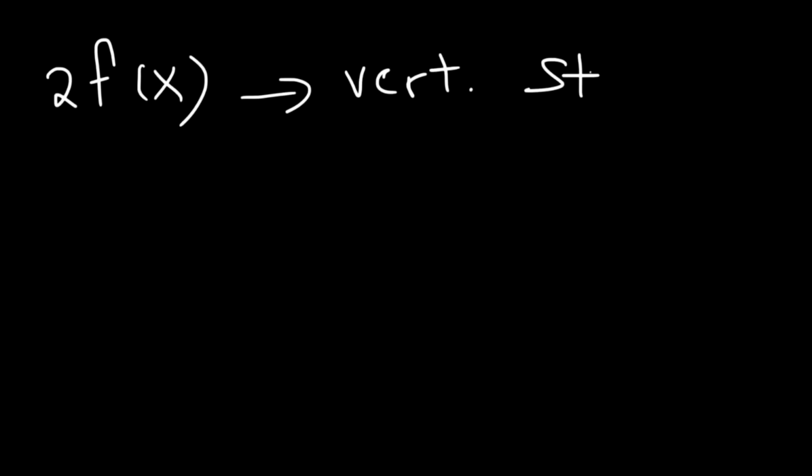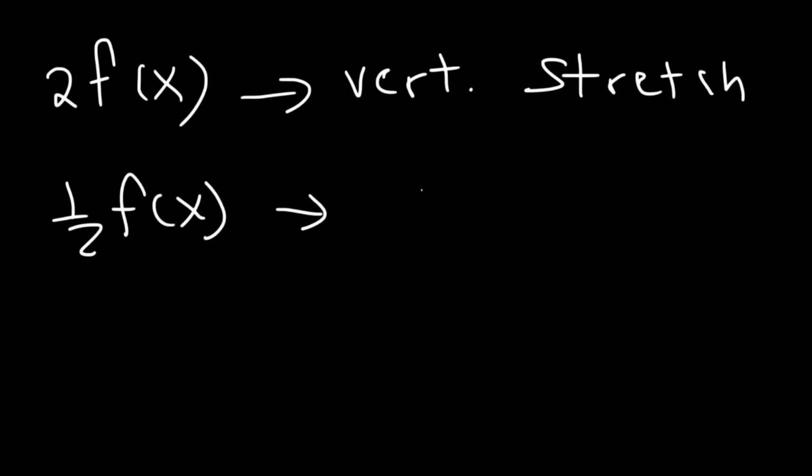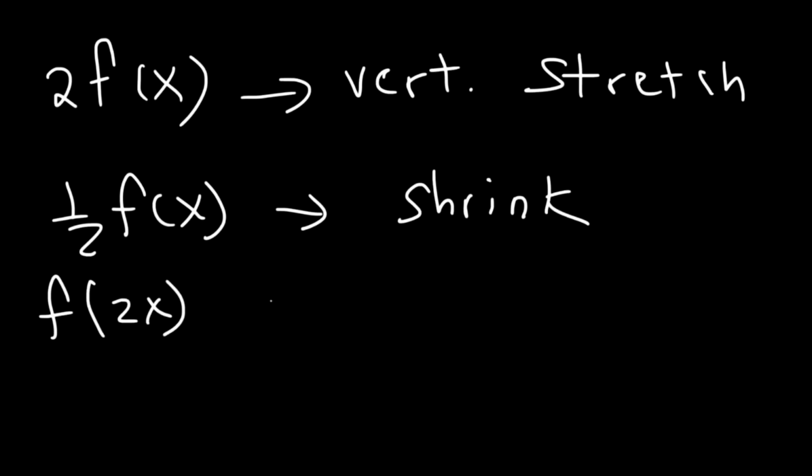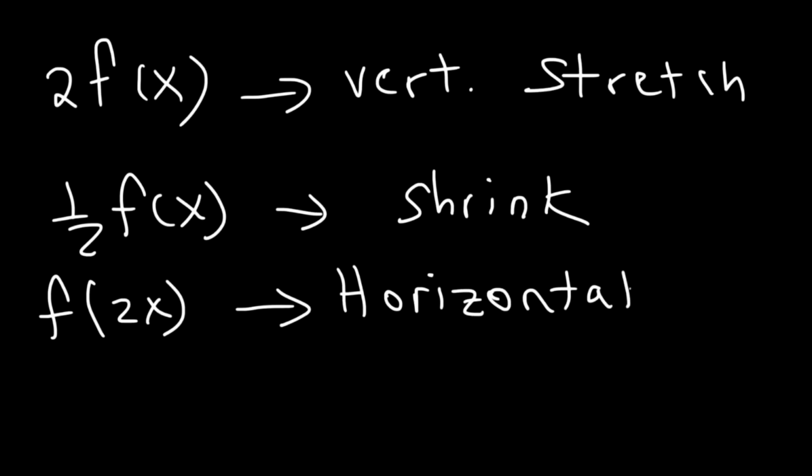Now, let's say we put a 2 in front of f of x. This is known as a vertical stretch. And if we put a fraction in front of f of x, it's going to shrink vertically. Now, if we put the 2 on the inside, it's going to be a horizontal, not a stretch, but a horizontal shrink.